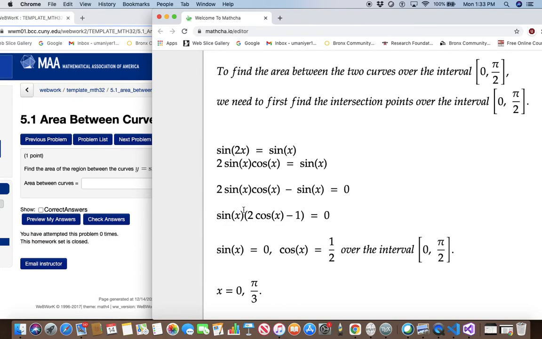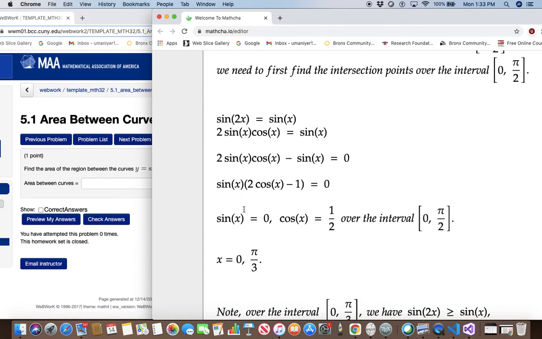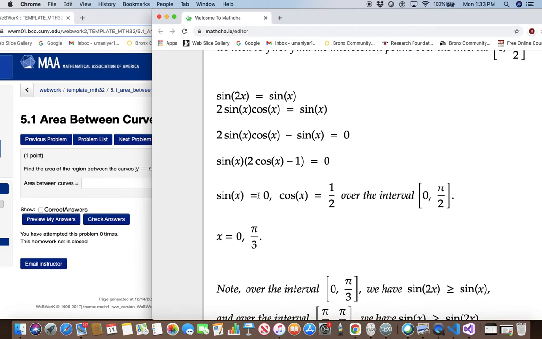Sine x is a common factor, so 2 cosine x minus 1 is 0, which gives sine x equals 0 or cosine x equals half. Over the interval 0 to pi over 2, sine x is 0 when x is 0, and cosine x is 1 over 2 when x is pi over 3.